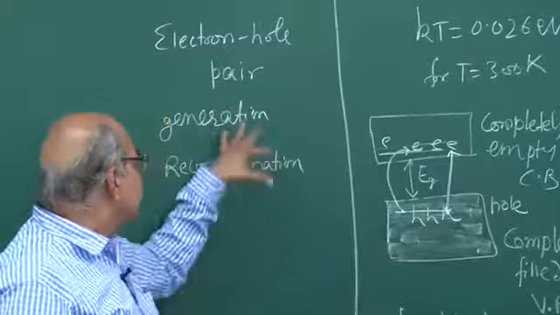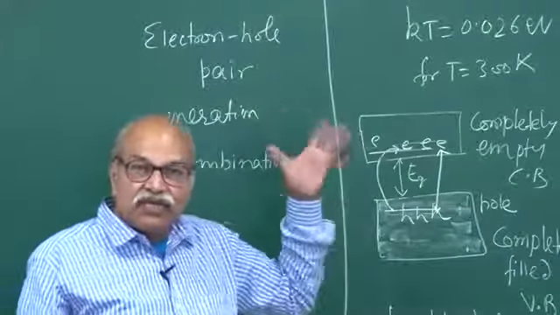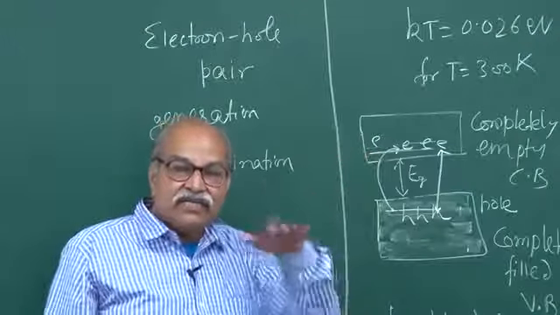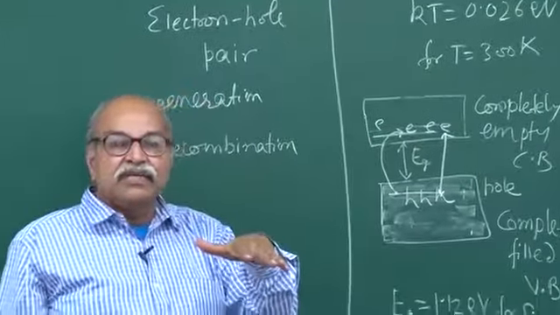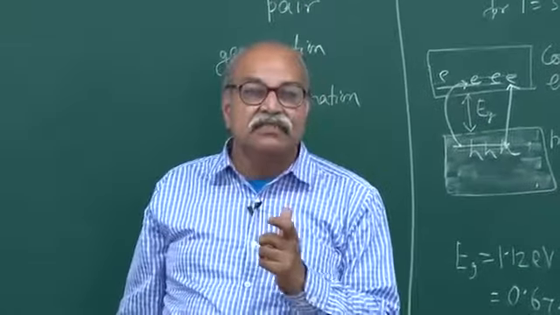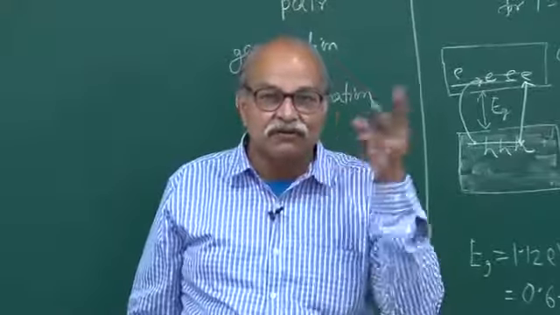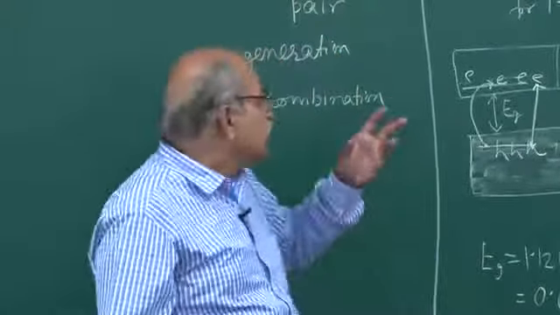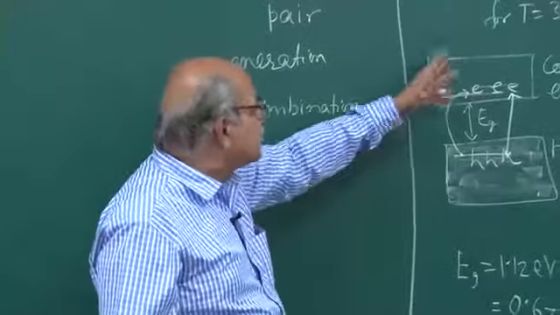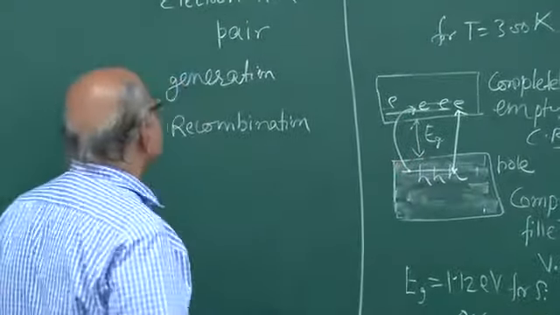So this kind of recombination and generation process will go on, and at any given temperature there will be an equilibrium number of electrons and holes per unit volume. So an equilibrium density of these charge carriers, these electrons and these holes. Okay.